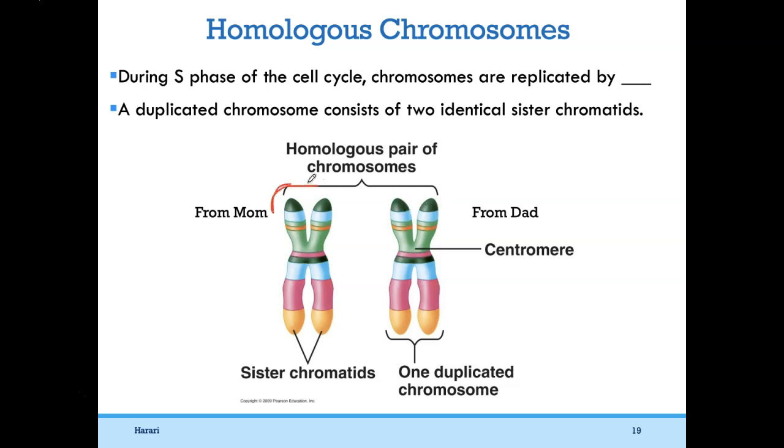So this pair and this pair are homologous to each other. But within each duplicated chromosome, there are two identical sister chromatids. So this is identical to this. This is identical to this. But this is not necessarily identical to that, right? So this is homologous with this.